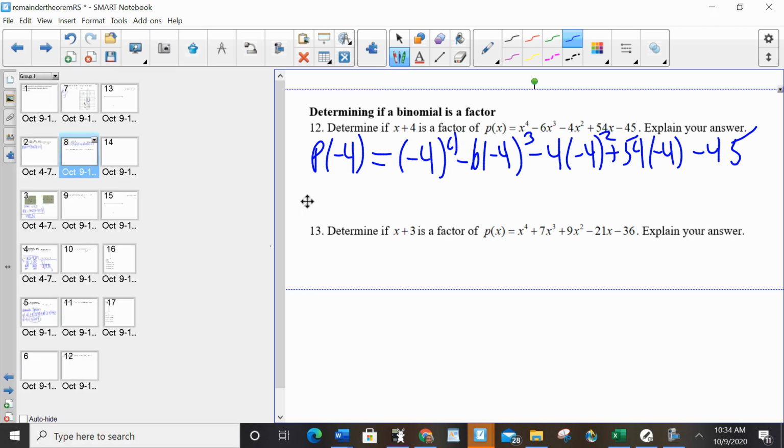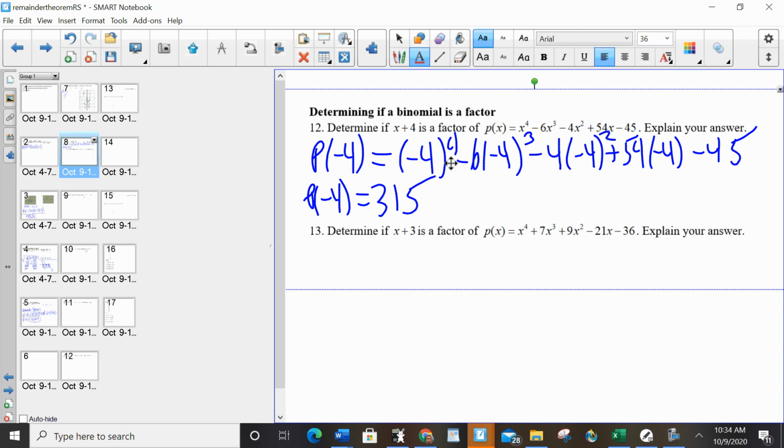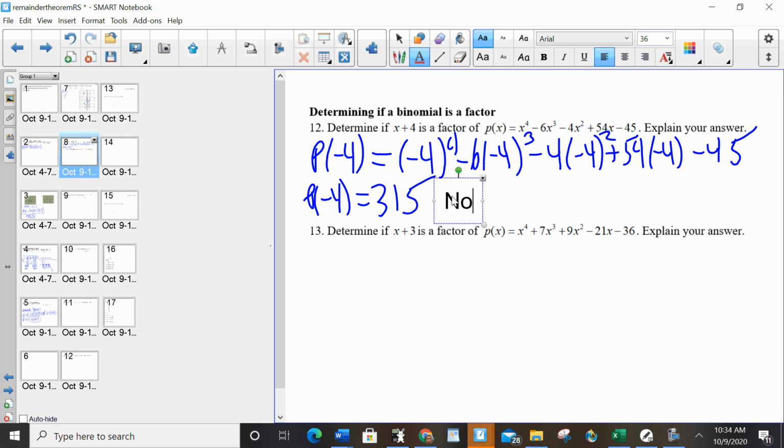And I got 315. So, since I got a remainder, it can't be a factor. So, I say, no, the remainder is not 0.